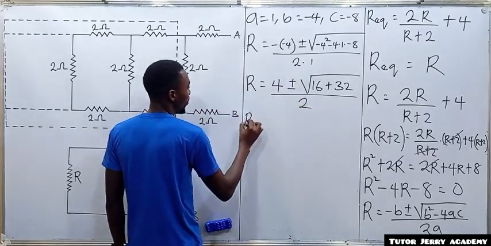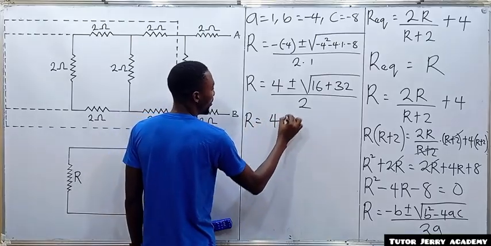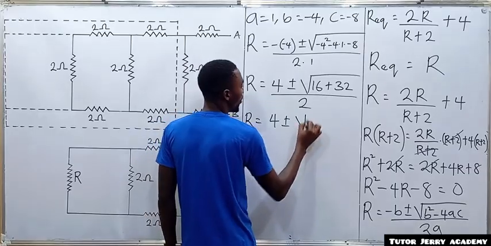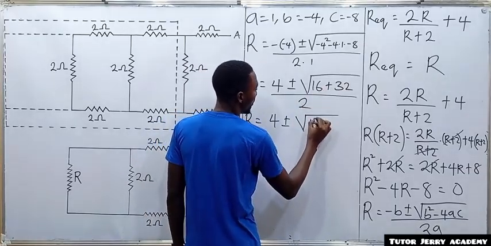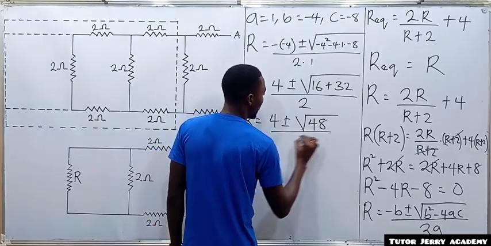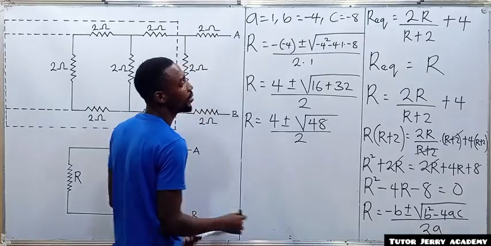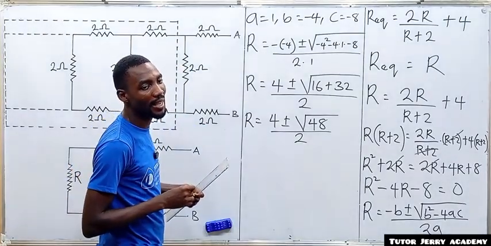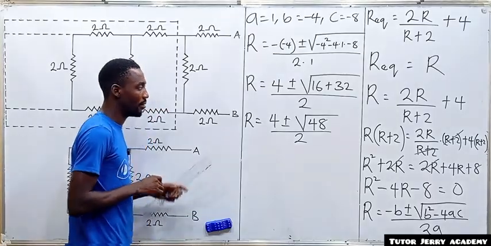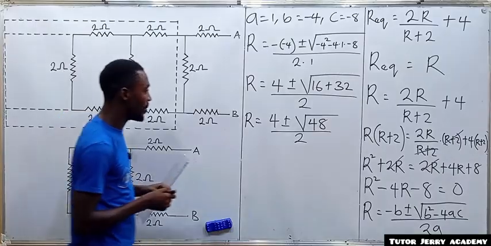Alright, so R will be equals to 4 plus or minus square root of 16 plus 32 is 48, divided by 2. Alright, so we know that 48 is the same thing as 16 multiplied by 3, right? We can take this to be 16 multiplied by 3.